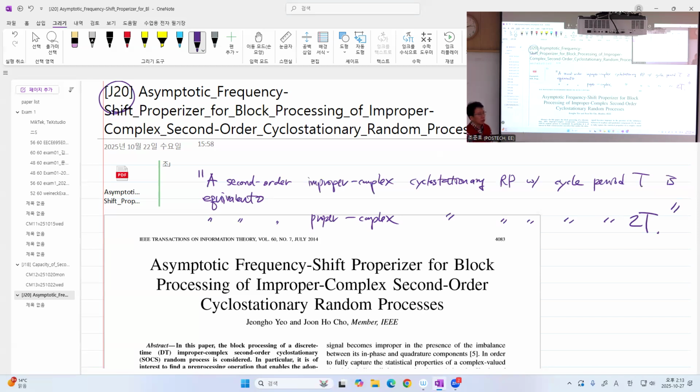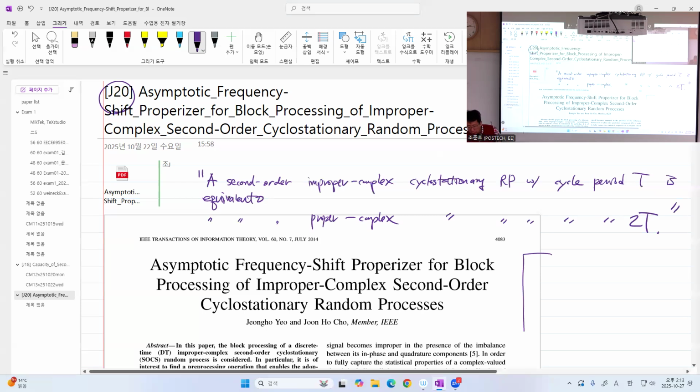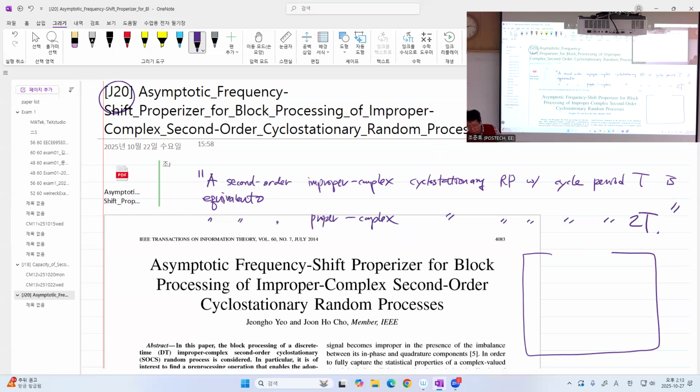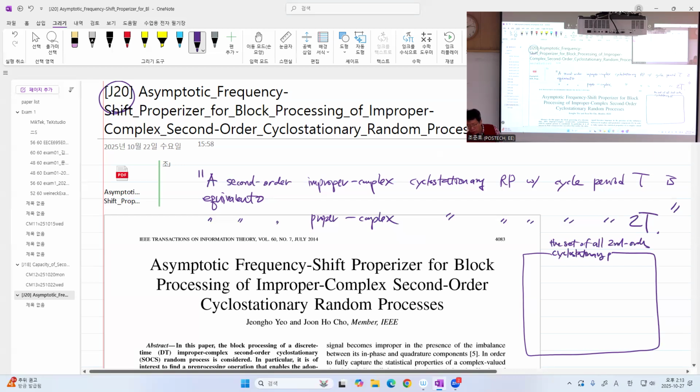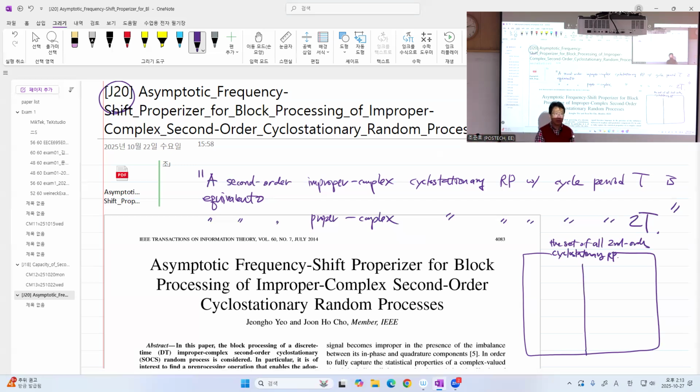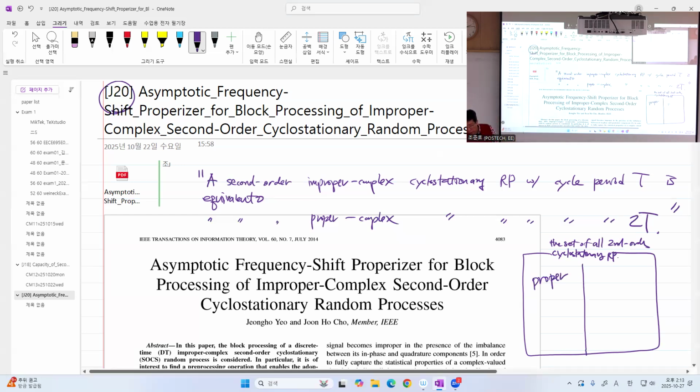So before, we divided the set of second-order random processes into stationary, cyclostationary, and so on. Suppose you have the set of all second-order cyclostationary random processes. Then, as you know, you can divide the set into 2 disjoint sets: one is proper, and the other is improper.